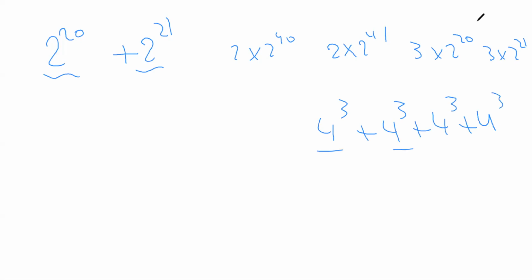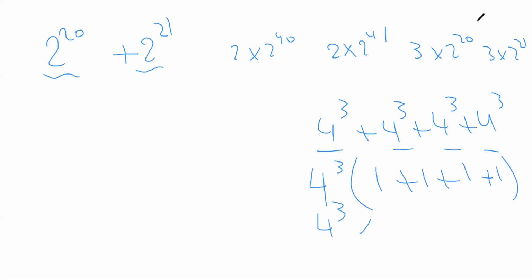As long as I have plus I can take a common factor, 4 power 3, then divide 4 power 3 by 1 plus 1 plus 1 plus 1, and it became 4 power 3 times 4. They became the same base with multiplication between them, so 4 power 4. Okay. As long as there is plus, I'm thinking about a common factor. Here they were all the same so I took 4 power 3.